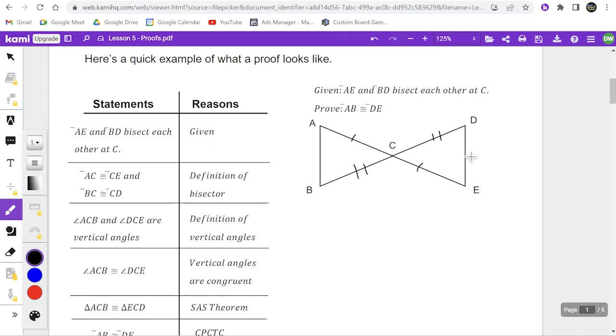The next thing we can say is ACB and DCE are vertical angles, because just look at these angles. That would be this angle here and this angle here. They are vertical because they form at intersecting lines. And we remember from probably lesson 1 or lesson 2 that vertical angles are congruent, which is the very next point in this proof. And then the next line, we say that the two triangles are congruent to each other because of SAS.